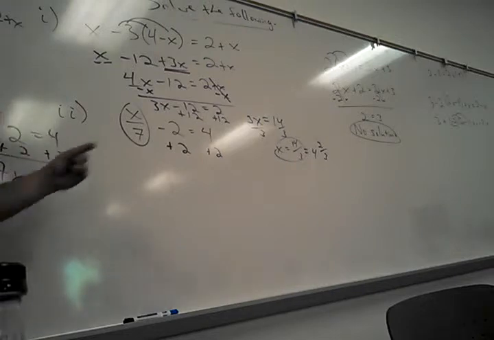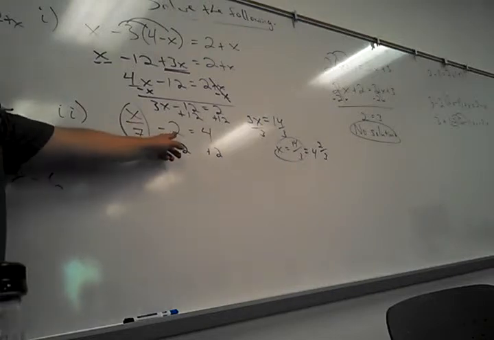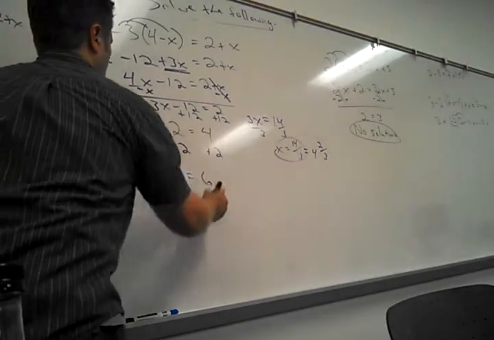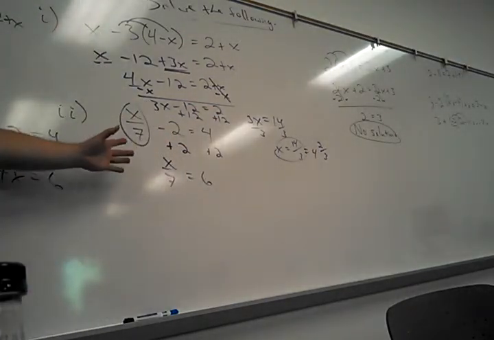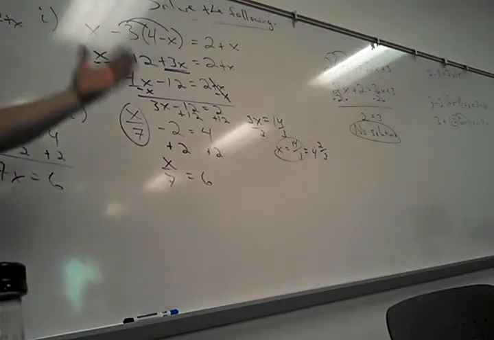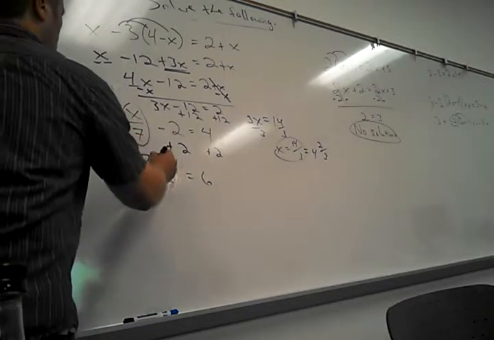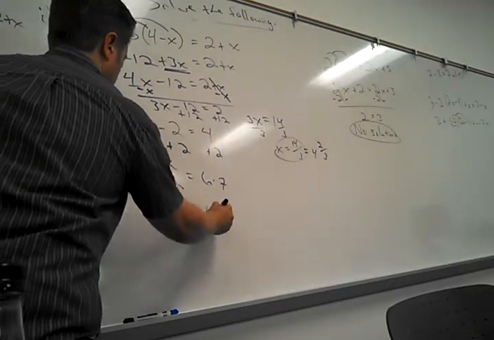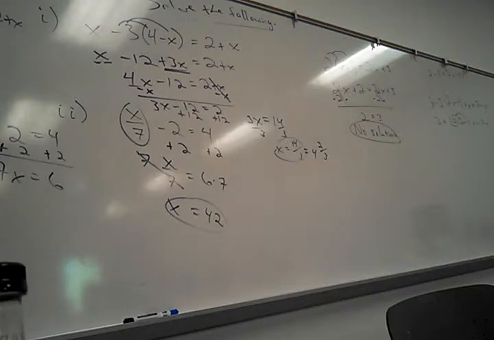I want to get the thing with my x in it by itself first, so I want to get rid of that minus 2. And now I step back in and say, why is my variable not alone yet? It's divided by 7, so I want to multiply by 7. So here it cancels. x is 42. Right? 42 is a decent answer.